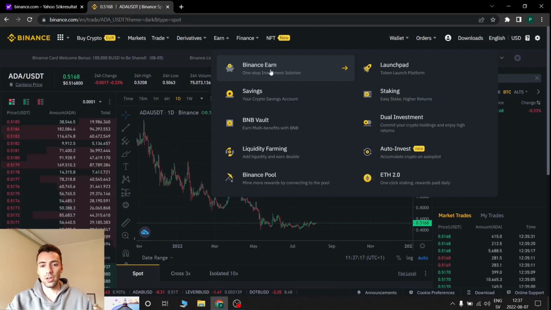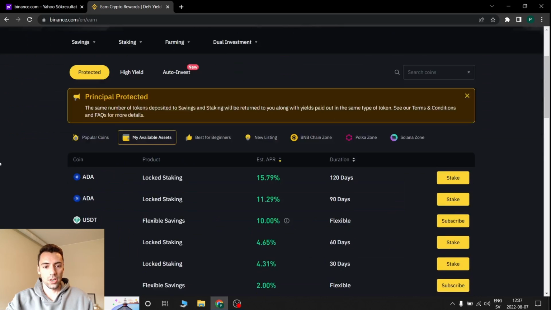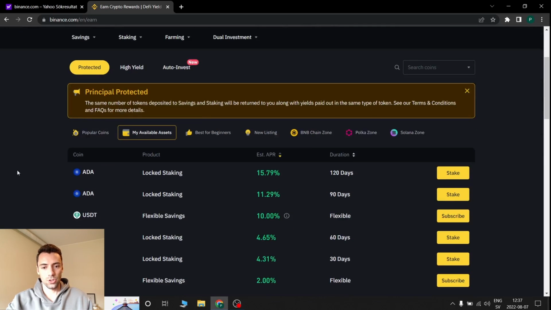And this is the Binance Earn. So here, for example, ADA or Cardano, the lock staking, this is the APR. For example, if you lock your Cardanos for 120 days, you will receive 15.79% profit after 120 days.